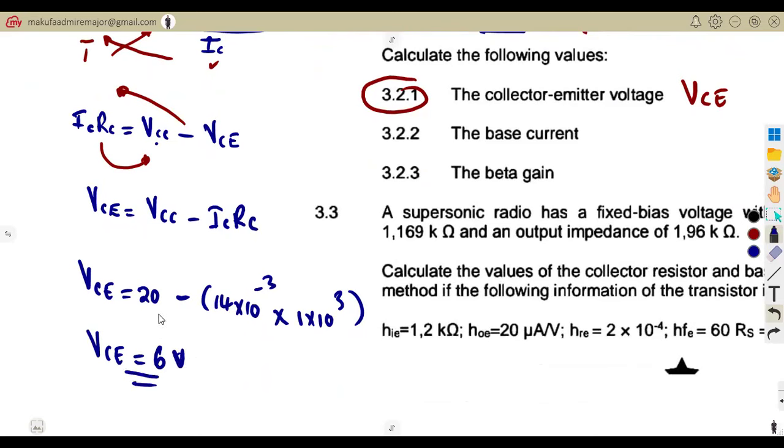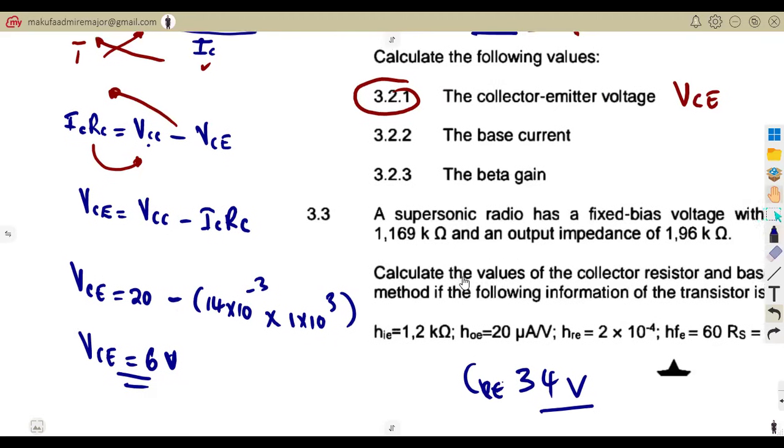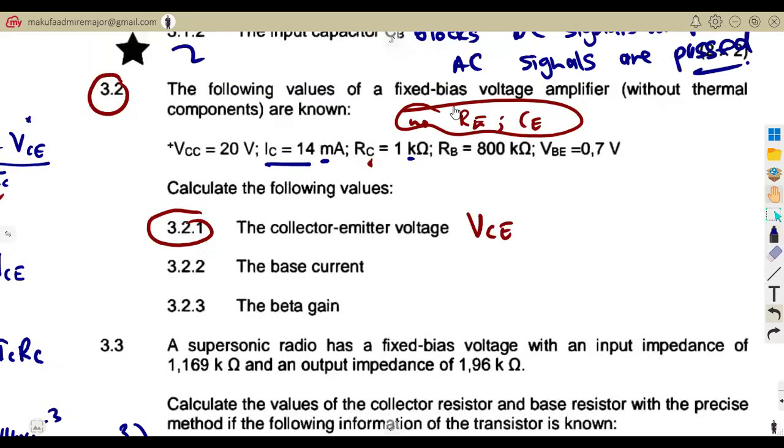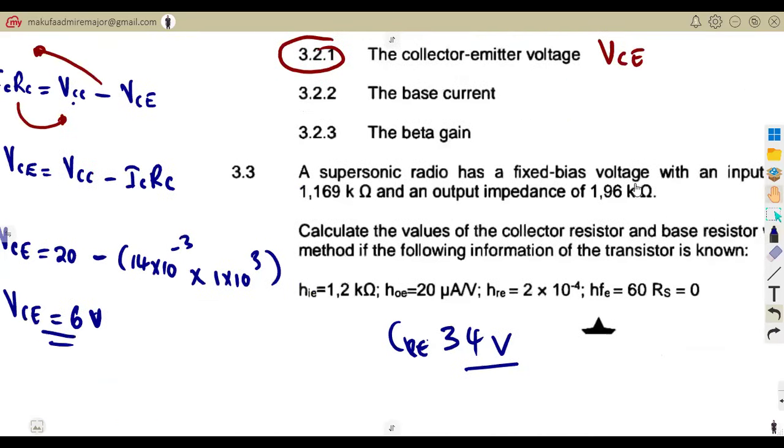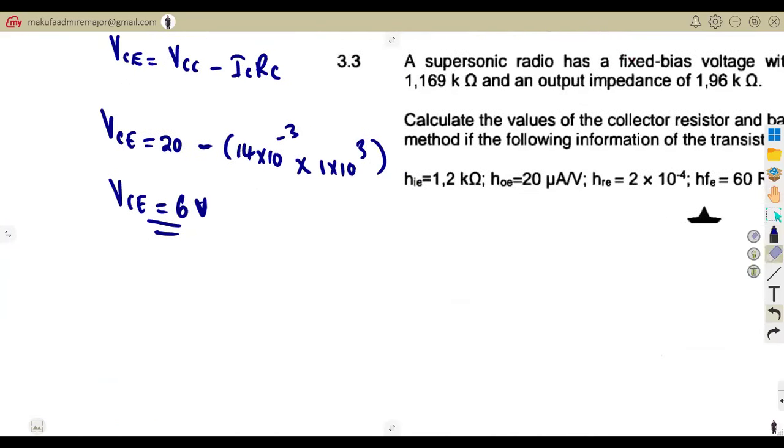That's our VCE. Also, if you consider your memo, there was actually a mistake, an error there to obtain this. They used a plus there, and they obtained a VCE that, if you use a plus, ends up as something like 34 volts. This cannot happen, that VCE is greater than VCC. Remember, we're talking about a fixed bias where we have a supply, and the supply is VCC.